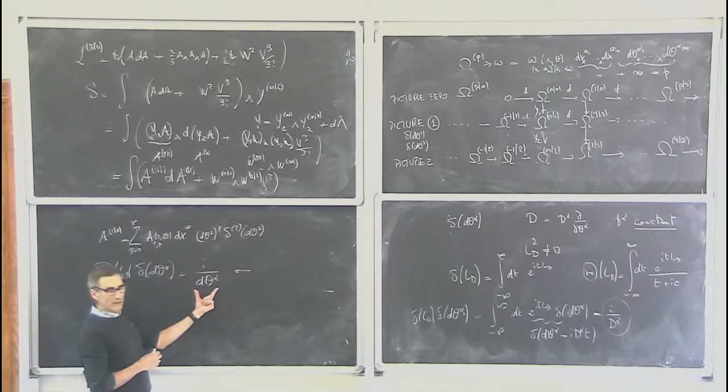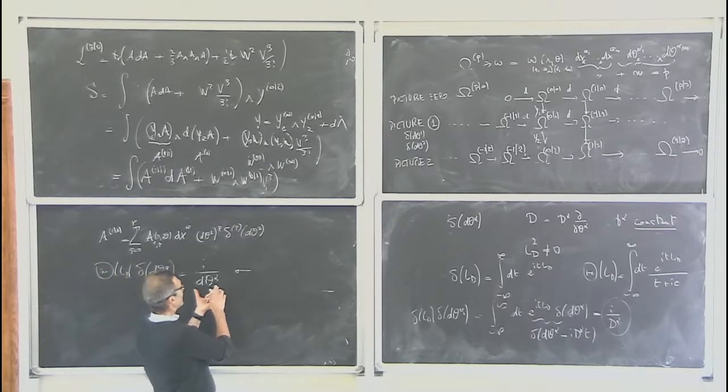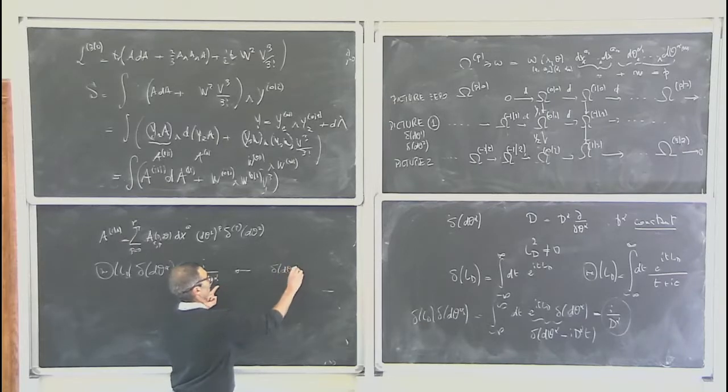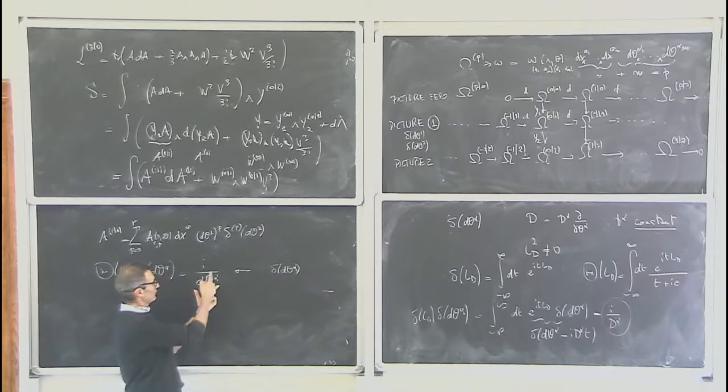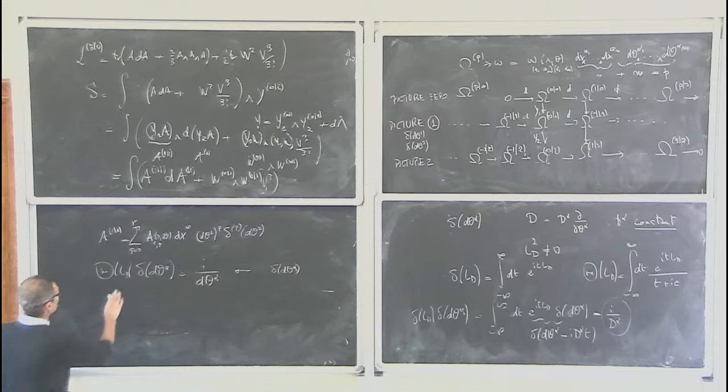This object has to be understood as a distribution-valued type of form, at the same level as δ(dθ^α) is a distribution type of form. It is also a distribution type of form known as the principal value of this object. So we recover the distributional property from a sheaf-theoretical point of view, which is quite a nice property.